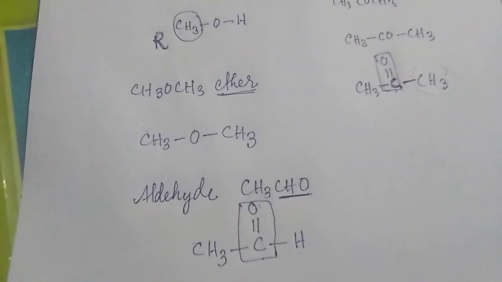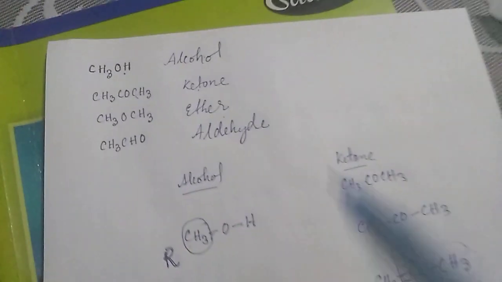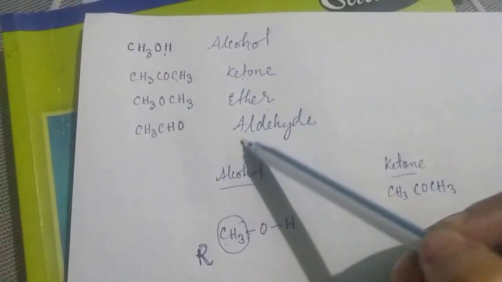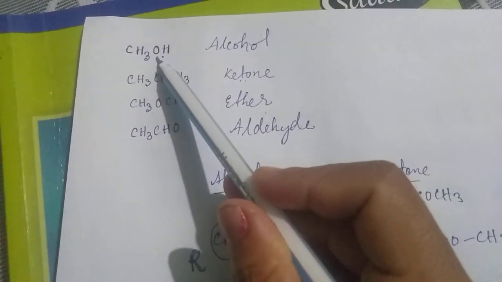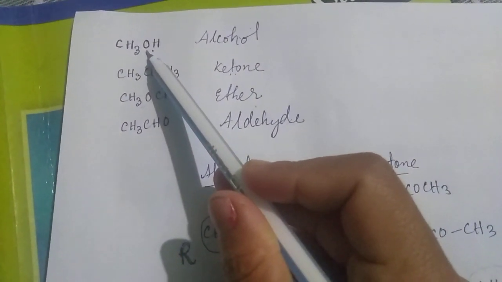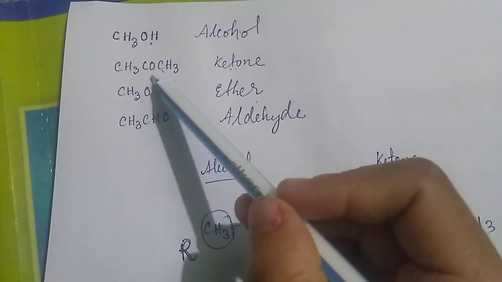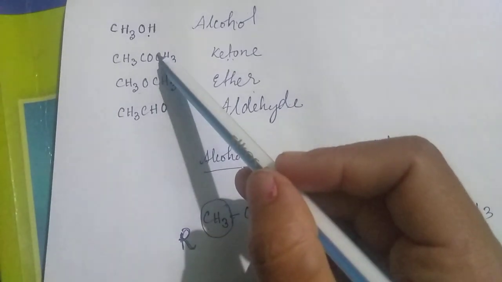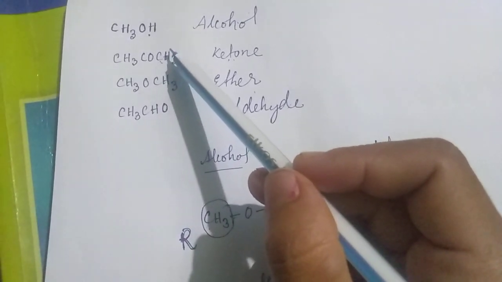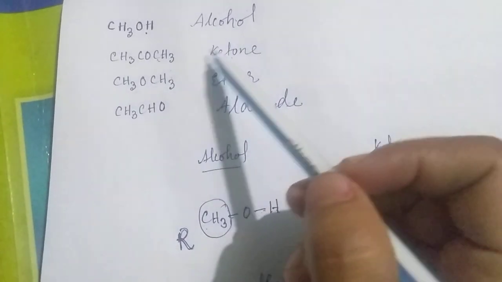So let us check the formula now, how to differentiate between alcohol, ketone, ether and aldehyde. In the case of alcohol, whenever we see OH, this is called alcohol. When we see CO and on this side is CH3 or any carbon chain, that is called ketone.